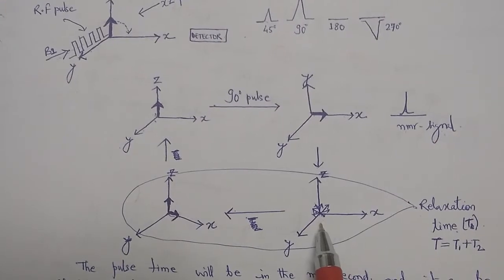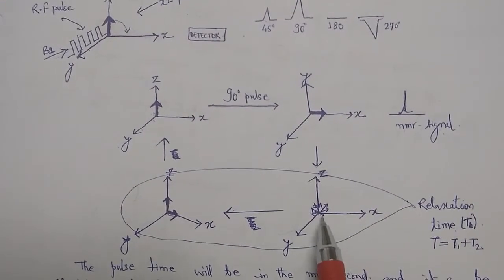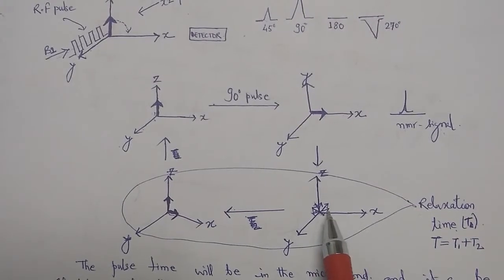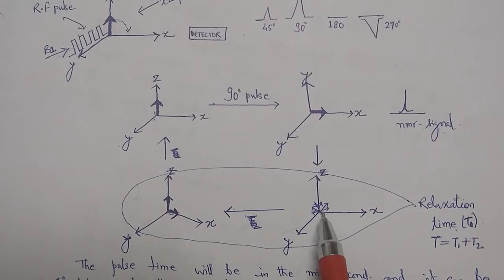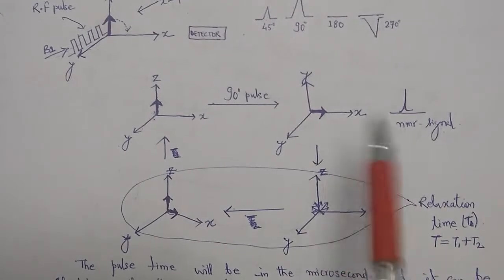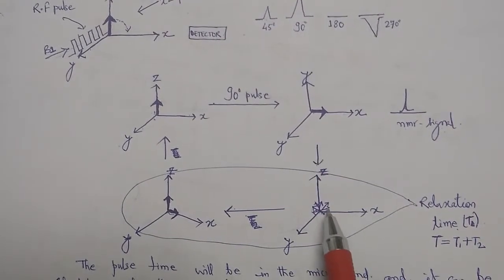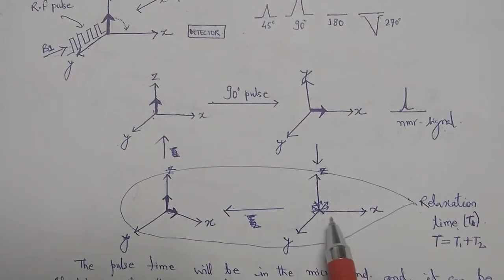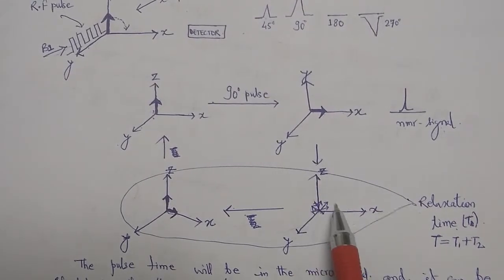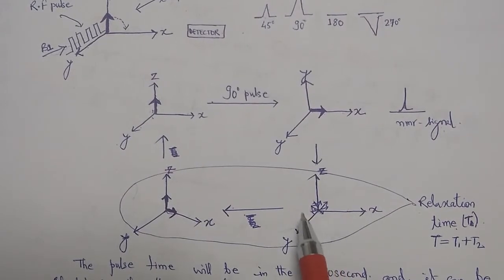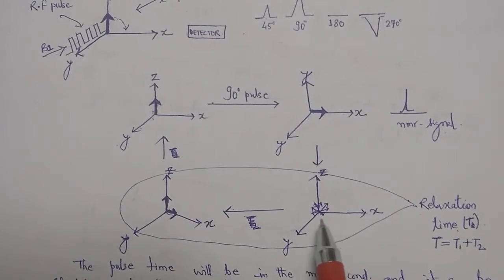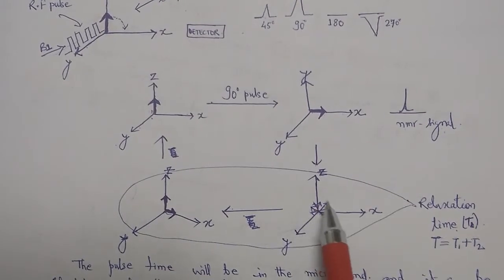In transverse relaxation, all those spins which are aligned to the x-axis will be distributed in the x and y plane in an equal manner, in such a way that all around this xy plane the spins are distributed and it will get relaxed.